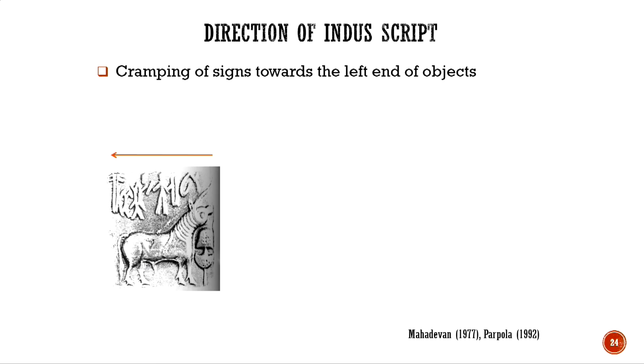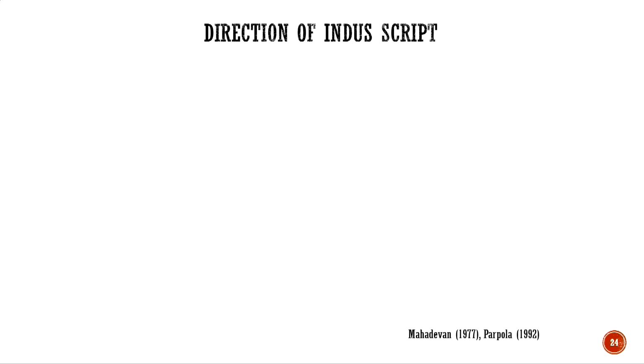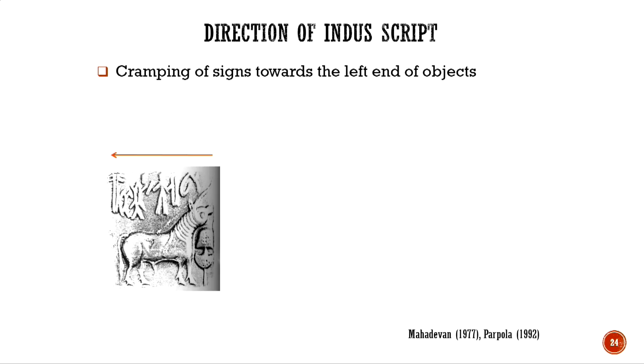So, this seems to be happening over here. For example, you will see cramping of size towards the left end of the object. The script starts normally, but because there was very little space left, the last character and a few other characters seem to have been squeezed on the left end. So, this suggests a right to left direction.